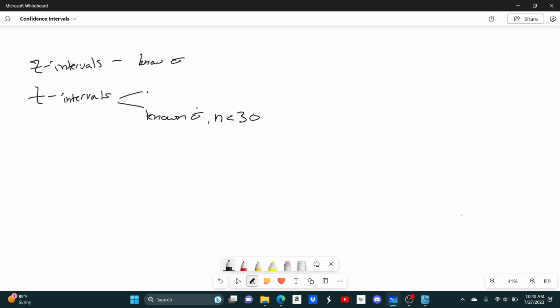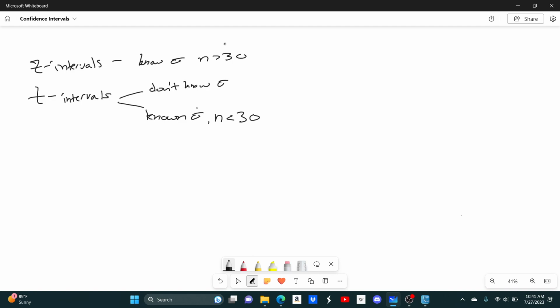And of course, the only other possibility is that you don't know the standard deviation, in which case you would also use a t-interval. So that breaks it down, right? You use a z-interval whenever you know your standard deviation and you're sampling more than 30. Or use a t-interval whenever you know the standard deviation but it's less than 30, or you just don't know the standard deviation at all.